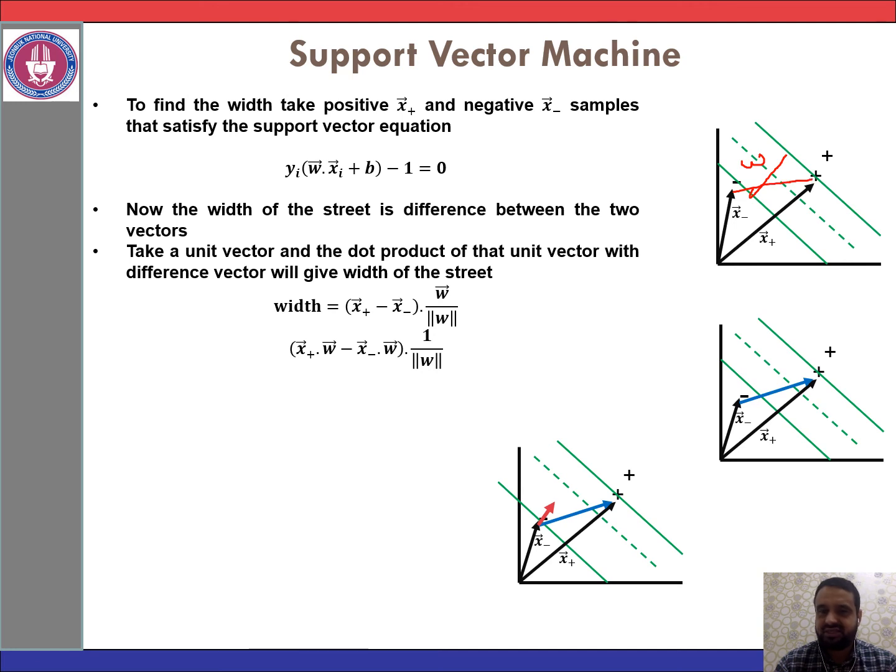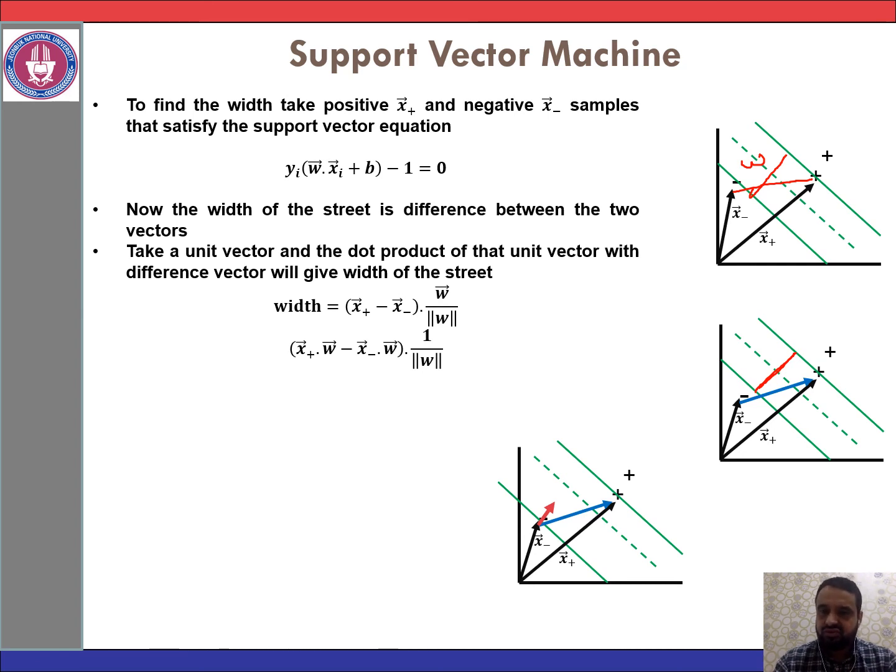So this is the subtraction of the negative sample from the positive vector here, but this is not the width of the stream. The width of the stream is basically the perpendicular distance between the margins. So this is the width. So how can we find the width of this stream? As we discussed in our initial slides, we select a w vector which is always perpendicular to the decision boundary.